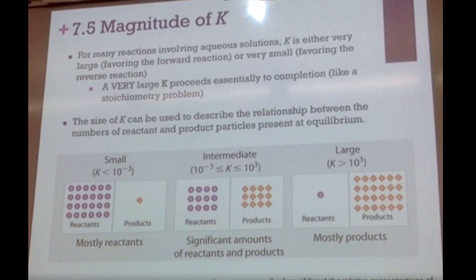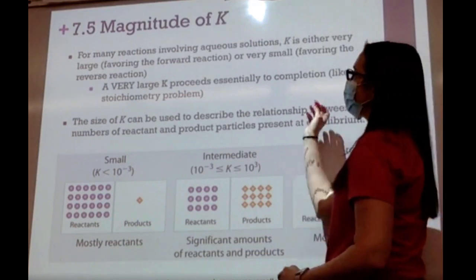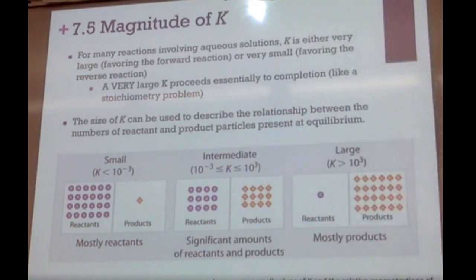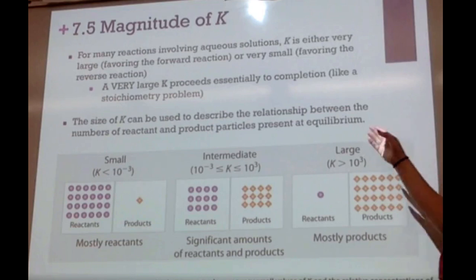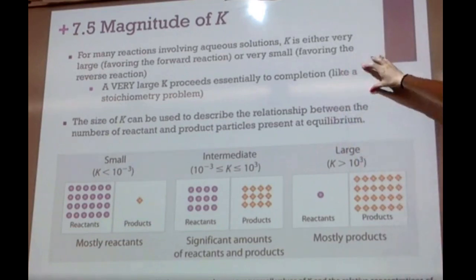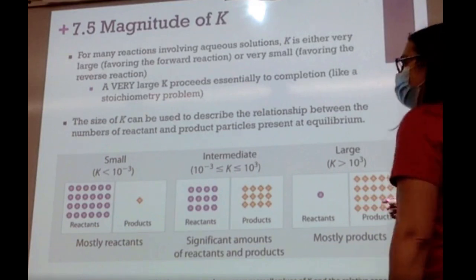If you see a K value that is extremely large, times 10 to the 30, that actually proceeds to completion. If we see a very, very large K, we just treat it like a stoichiometry problem. It's no longer equilibrium. We assume all of our reactants convert to products.